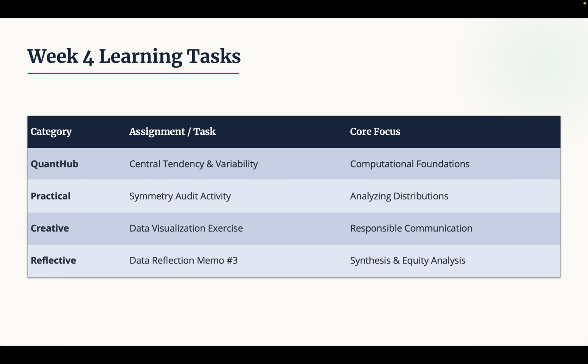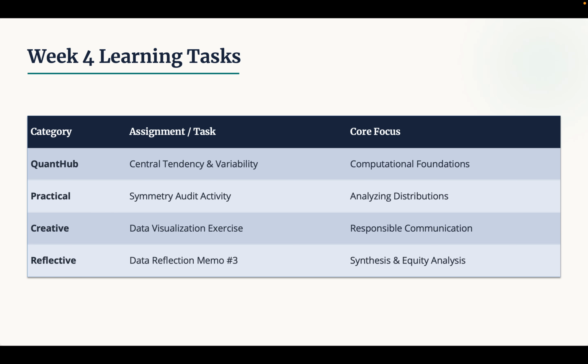This week, you will complete the Quant Hub module focused on central tendency and variability, the symmetry audit activity, the data visualization exercise, and data reflection memo number 3. As you complete these assignments, I encourage you to focus not only on performing the calculations, but also interpreting what the data suggests about educational experiences and opportunities.